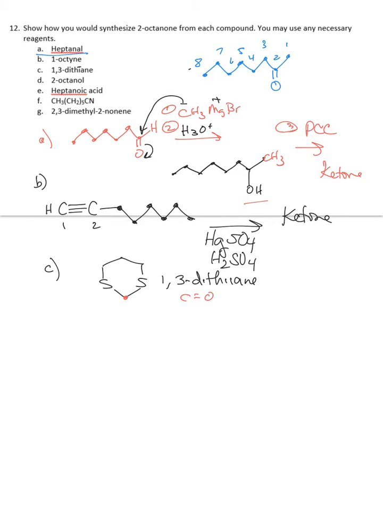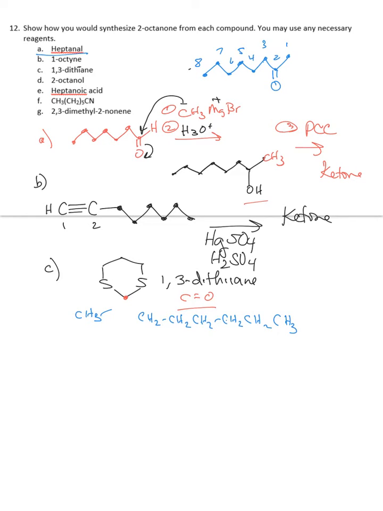It's a masked carbonyl. So we can make that a carbonyl. But now, what we need to be able to add to it, if you look at the desired compound, is we need to add a methyl on one side, and then we need to add 1, 2, 3, 4, 5, 6 carbons on the other.